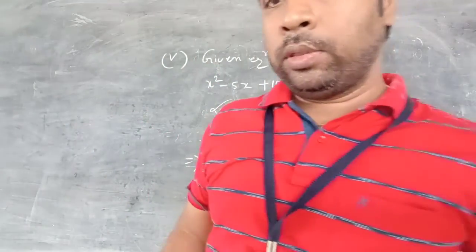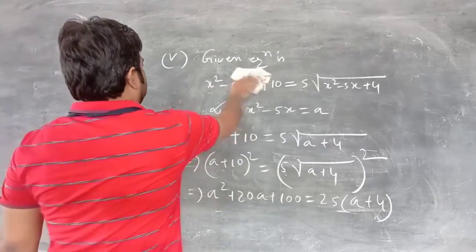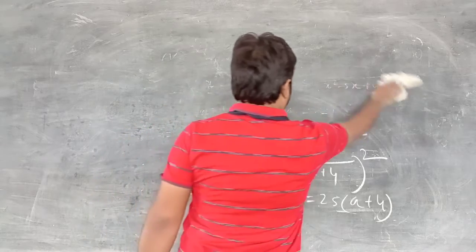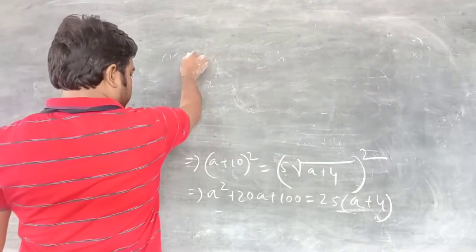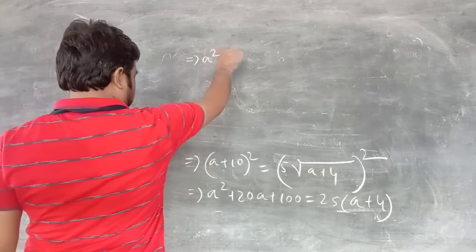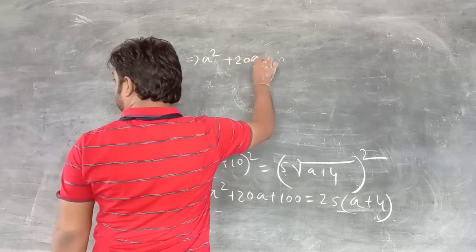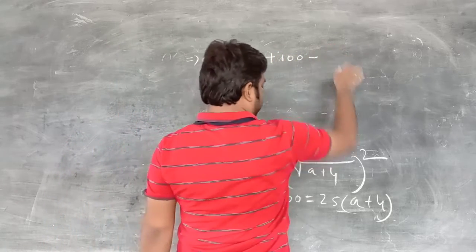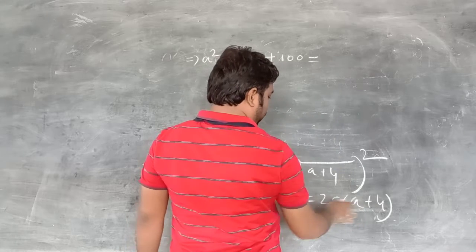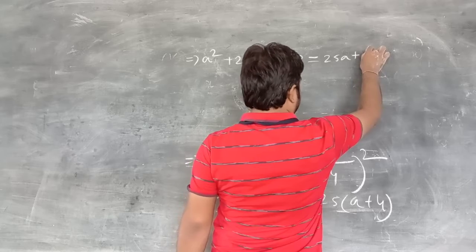So this is a square, this is 20a plus 100 equal to 25 into a is 25a and this is 100 again.